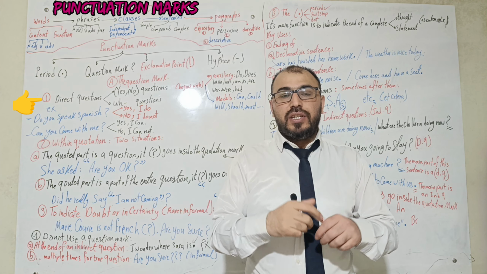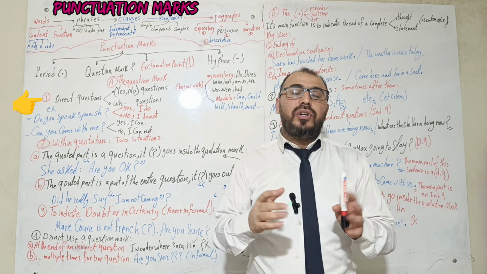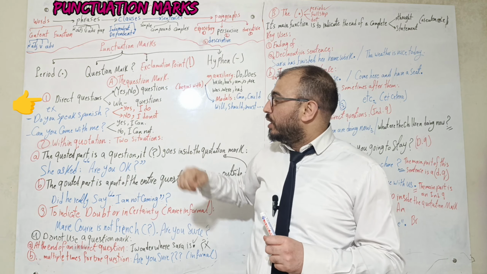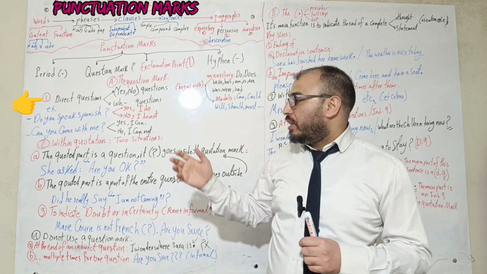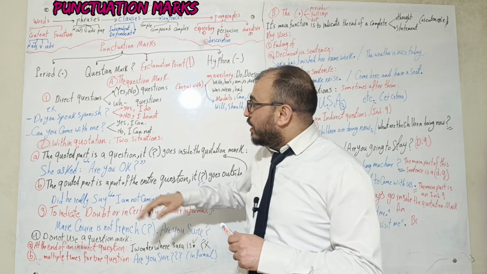And the answers of these questions should be full sentences. In here, my friends, we're not talking about questions. We are only talking about question marks, so I will not go through such a complicated case.